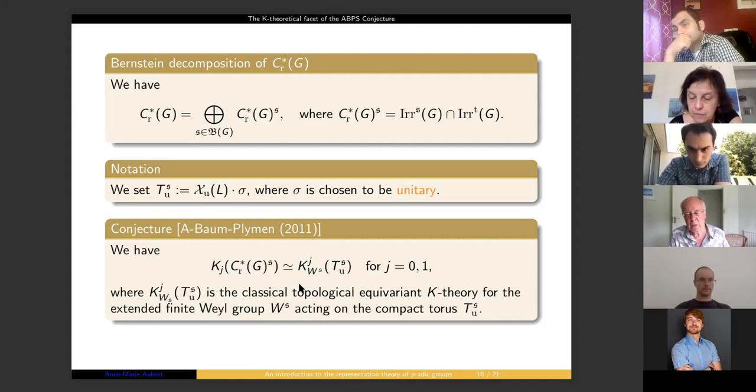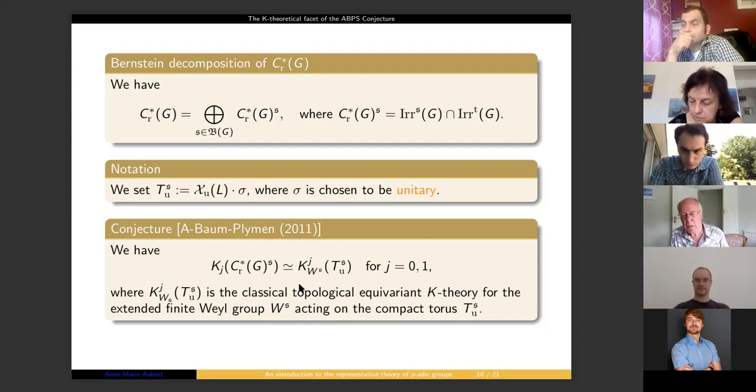So K0 is Z plus Z plus Z. But on the other side, you have to look at the equivariant K theory of the circle, where the equivariance is with respect to the two-element group. So what are we talking about? We're talking about Z2 bundles on the circle. Now, there are not very many of them.